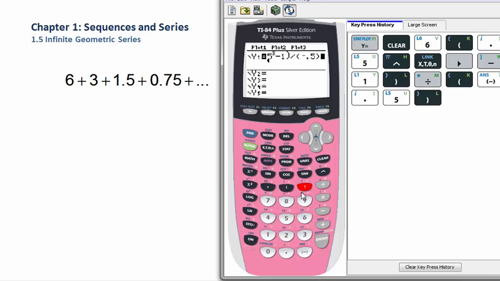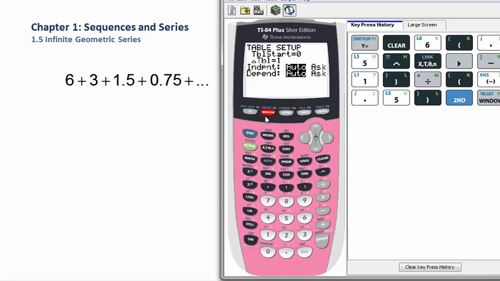And we'll close that bracket up for the denominator. I'm not going to graph this. I want to look at a table of values. Before I go to the table of values, I want to check my table settings. And you can see my table is currently set to start at value of 0 and have changes of increments of 1. I like the increment setting, but I'm going to change the table start to a value of 1. And now I'm going to go over and look at the table of values.